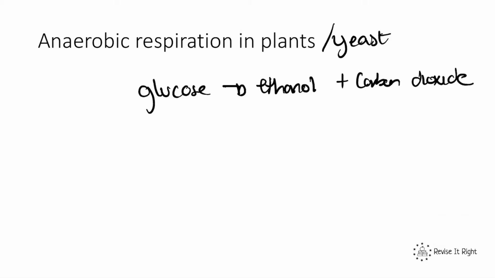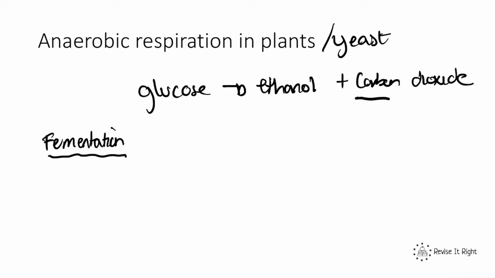And as humans, we use this anaerobic respiration to our advantage. For example, in the food industry, we use this to make bread and alcoholic drinks. In bread making, the carbon dioxide is used to make the bread rise.